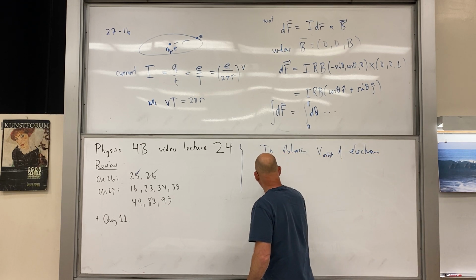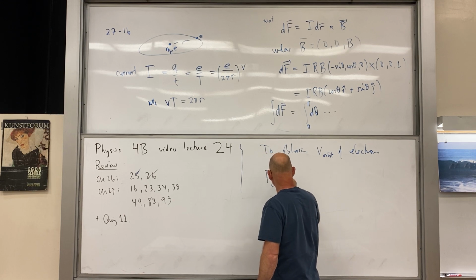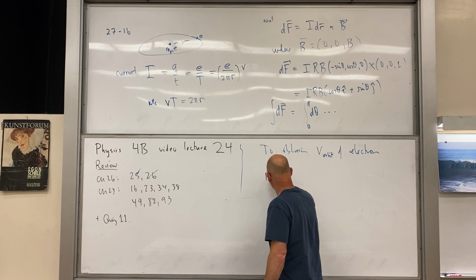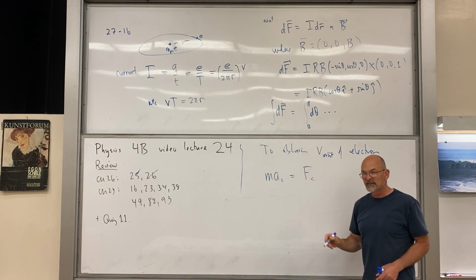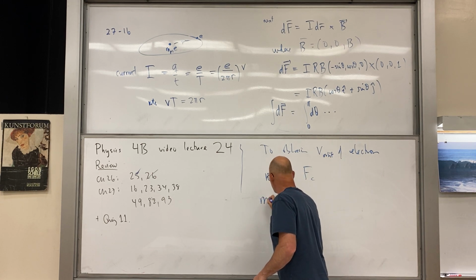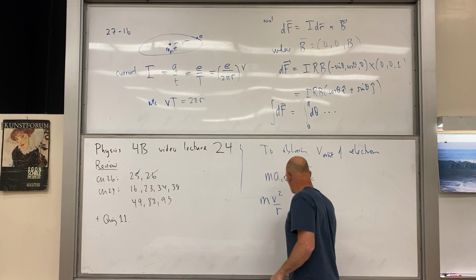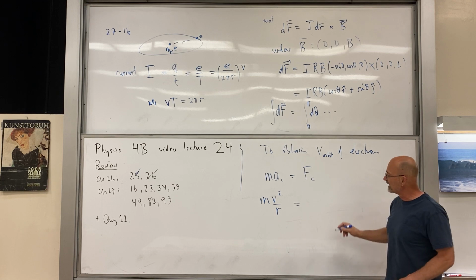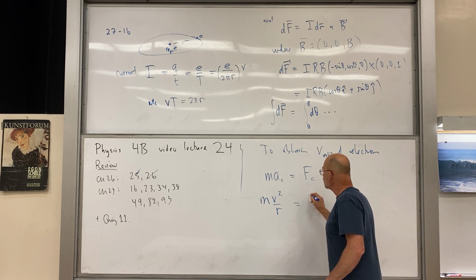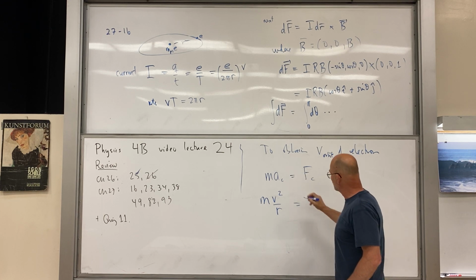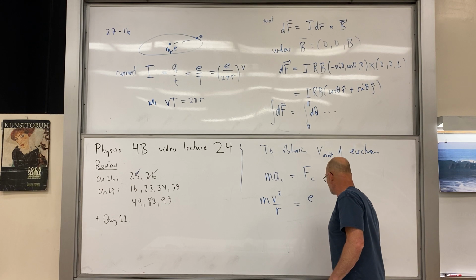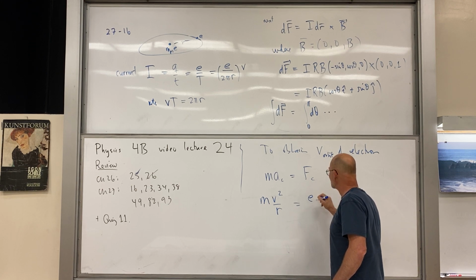We say mass times centripetal acceleration is centripetal force, and in this case, that's mv squared divided by r from our uniform circular motion, equals the force.